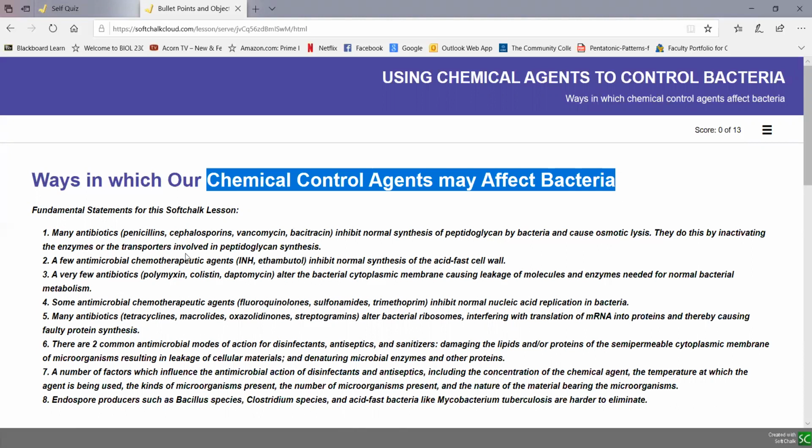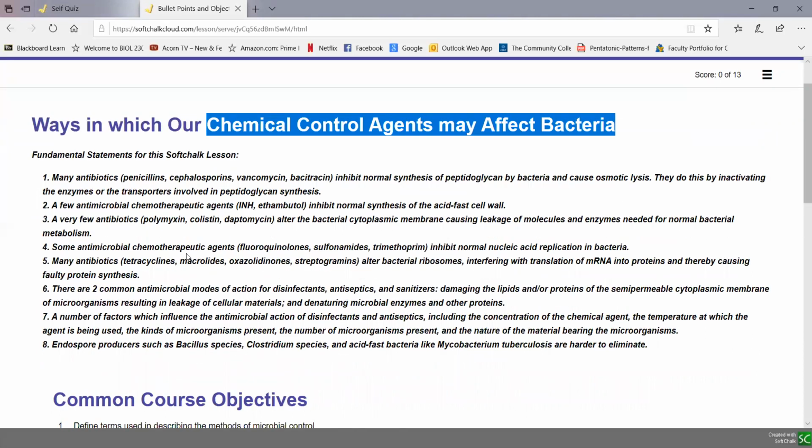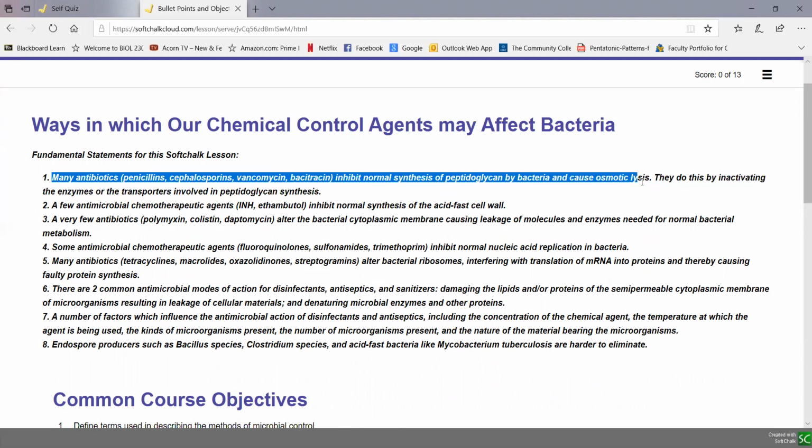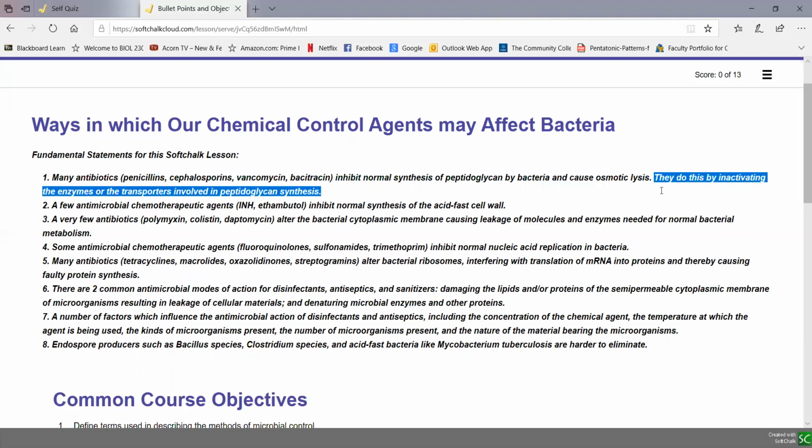So let's start out with our fundamental statements or bullet points. Many antibiotics like penicillins, cephalosporins, vancomycin, and bacitracin inhibit normal synthesis of peptidoglycan by bacteria, causing osmotic lysis. And they do this by inactivating the enzymes or the transporters involved in peptidoglycan synthesis.